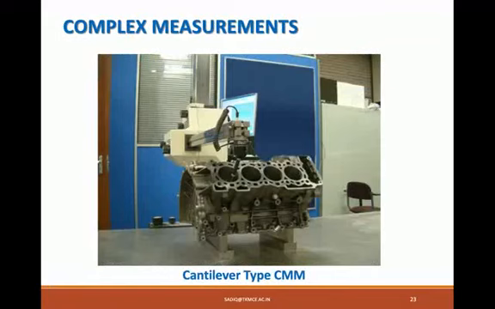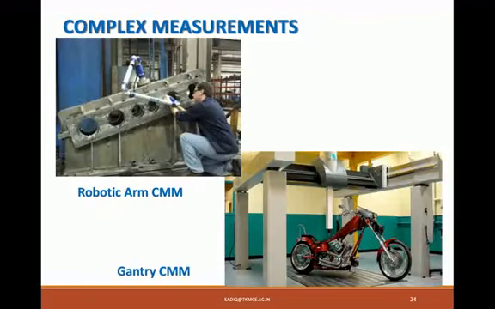Let us see a few examples of measurements that are done commonly with CMM. This is a cantilever CMM that is used for checking the measurement of a cylinder. You can see that there is a robotic arm kind of CMM that is used for measurement of this object. Continuous probing is done to check the circularity. Now a gantry type CMM is measuring some features of an assembled bike.